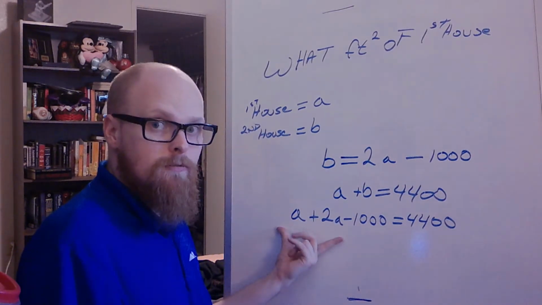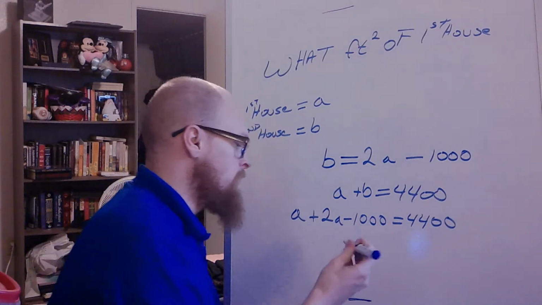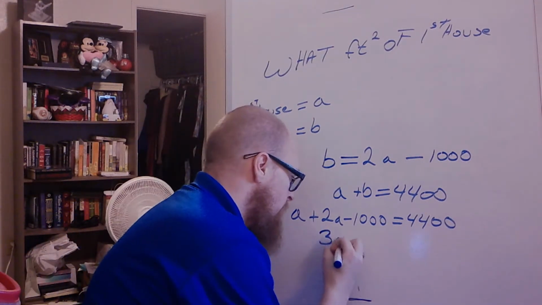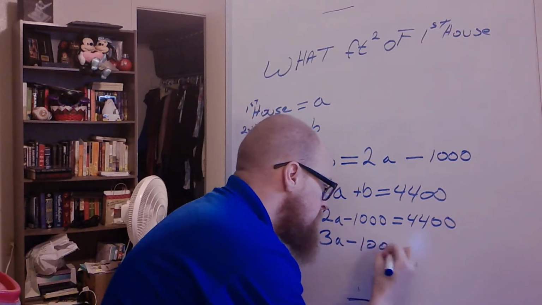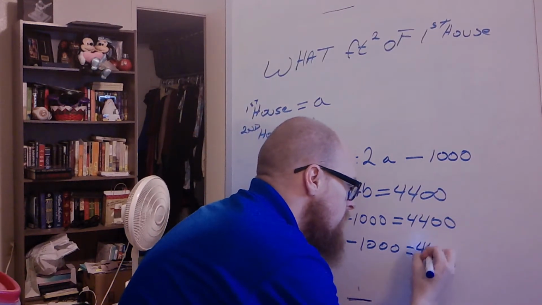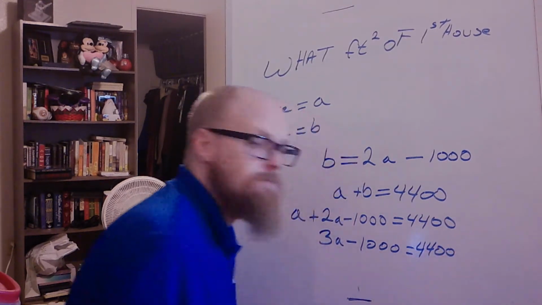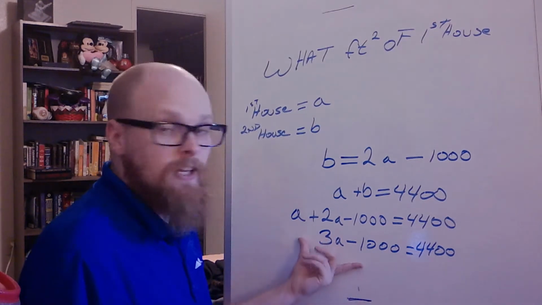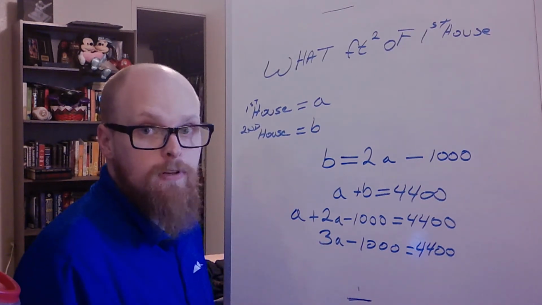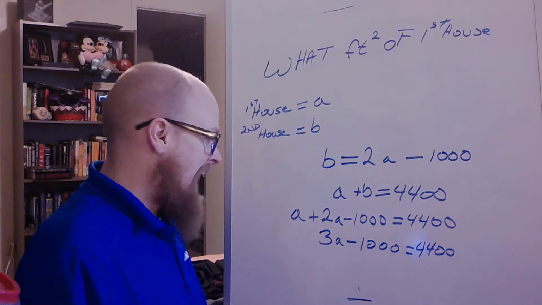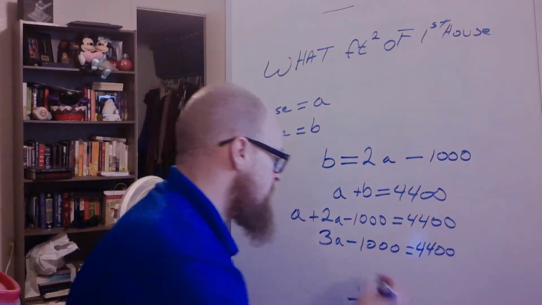Combine your like terms. A plus 2A will give me 3A minus 1,000 equals 4,400. And then you solve it just like you would any other multiple step equation. Okay? Add 1,000 to both sides, right?